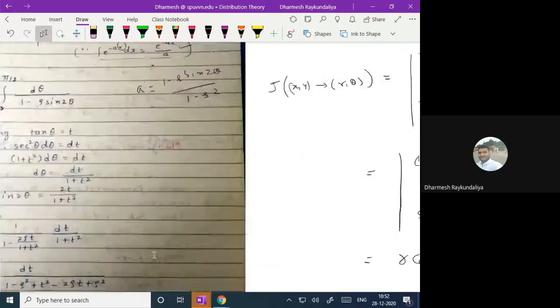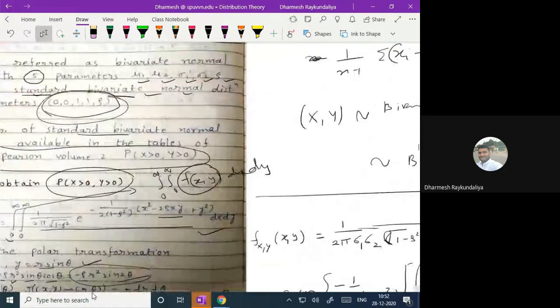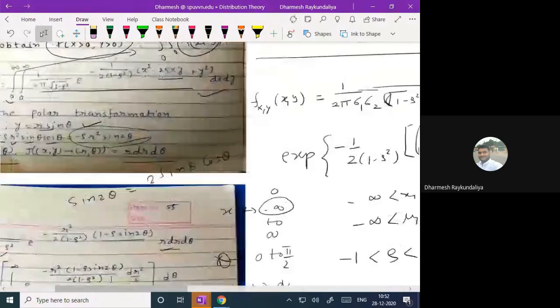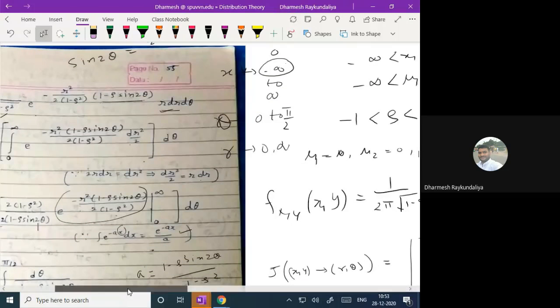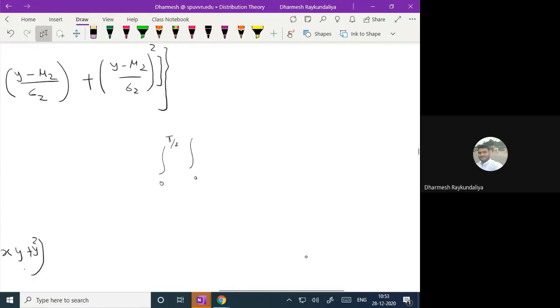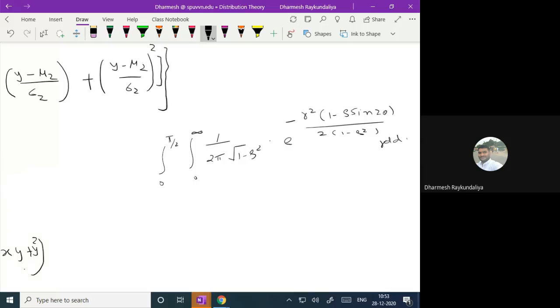What is the density we have? Integration 0 to pi by 2, integration 0 to infinity, 1 upon 2 pi square root of 1 minus rho square into e raised to minus r square into 1 minus rho sin 2 theta upon 2 times 1 minus rho square, r dr d theta.